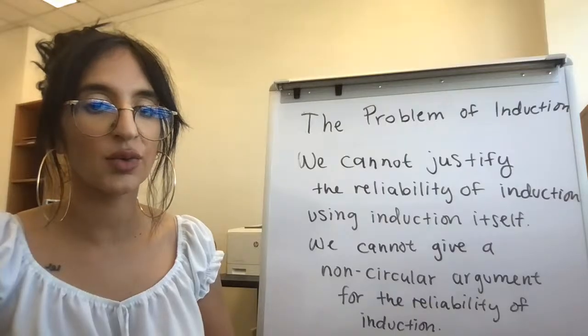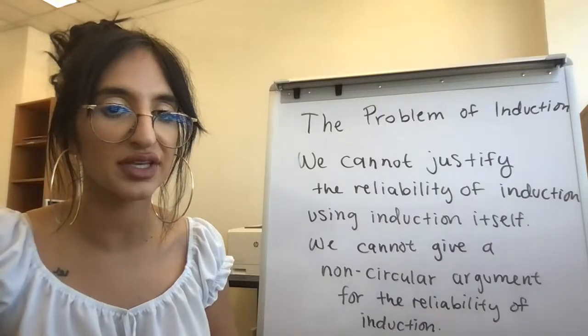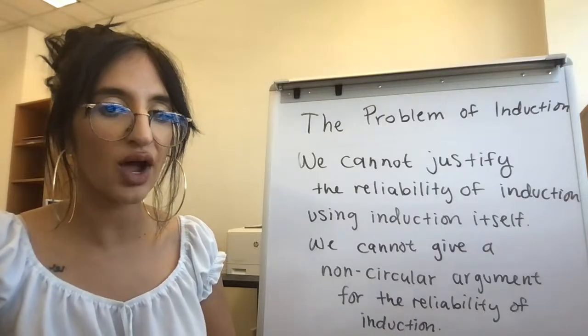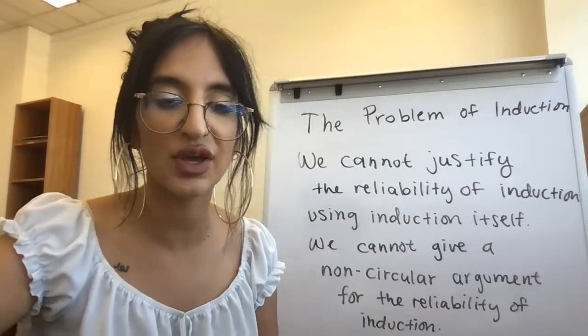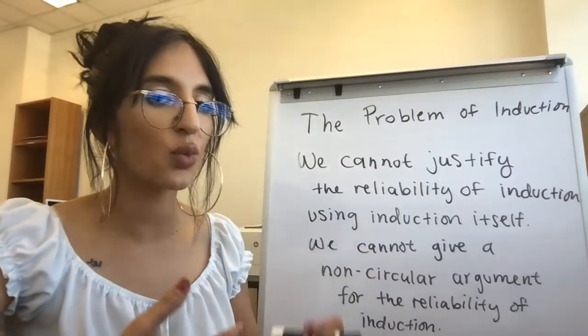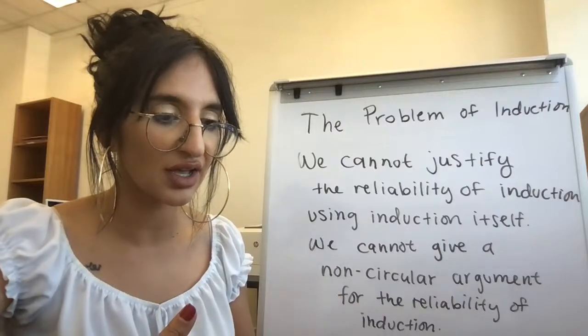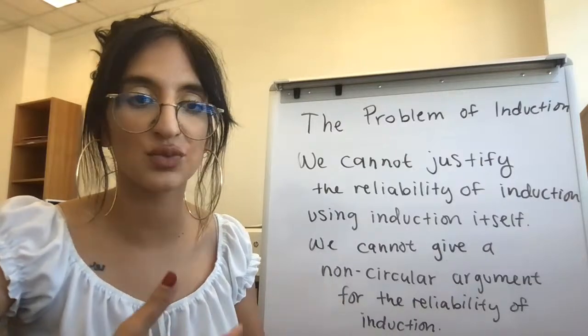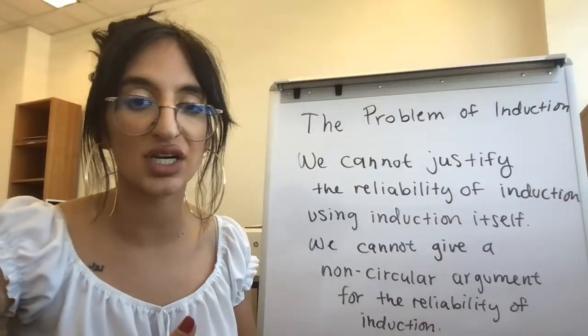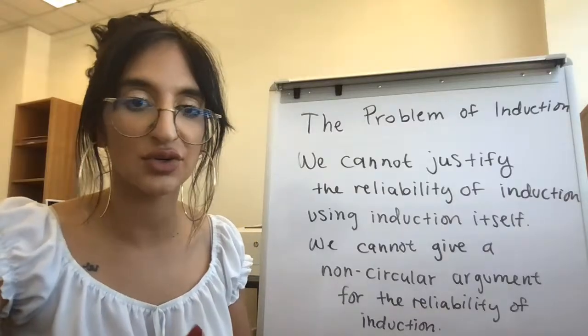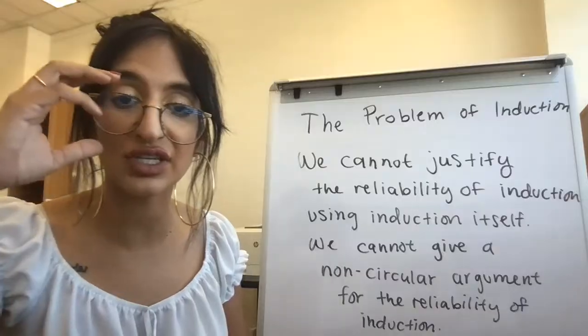But what we're asking in the first place is, why assume induction works itself? And so now notice, there's no way to justify the reliability of this reasoning process we call induction without using induction. If I try to, I'm just going to go back to using an inductive argument.